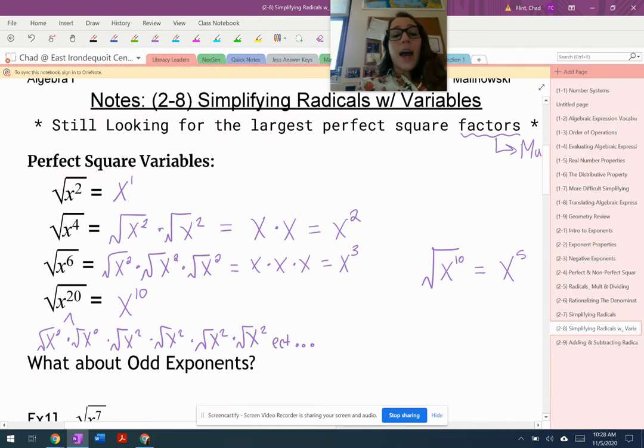So even exponents are considered perfect squares.